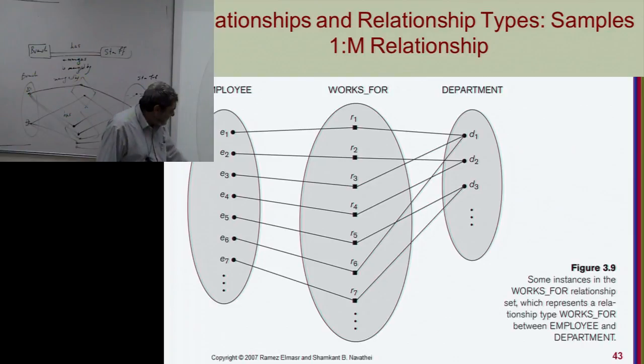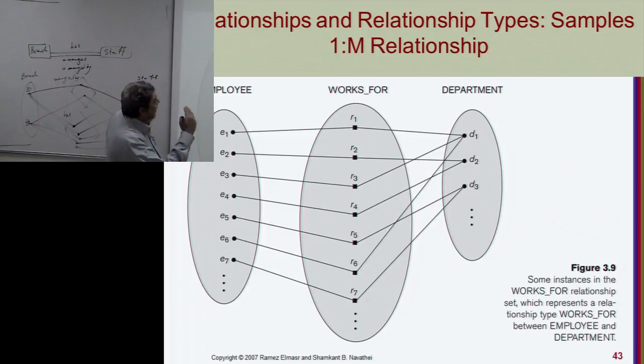Look at any of these employees, only one link going out of it. While the other side, department, may have many links going out of it. D1 has 3 employees working for it. D2 has 2. D3 has 2, and so on.